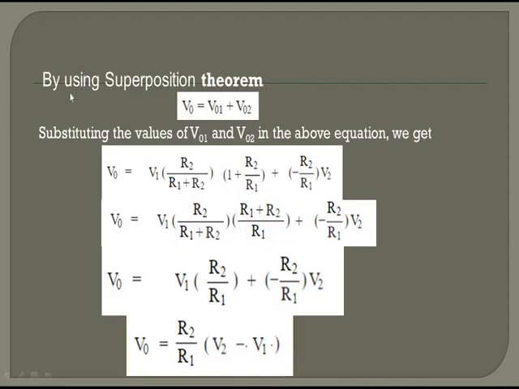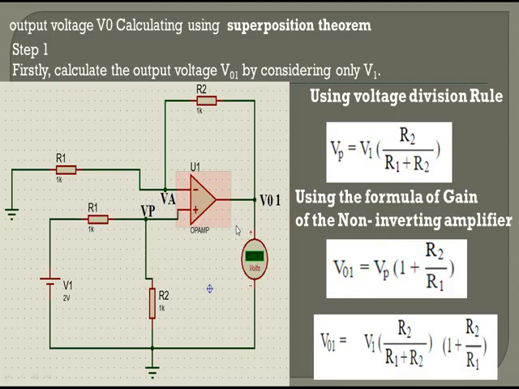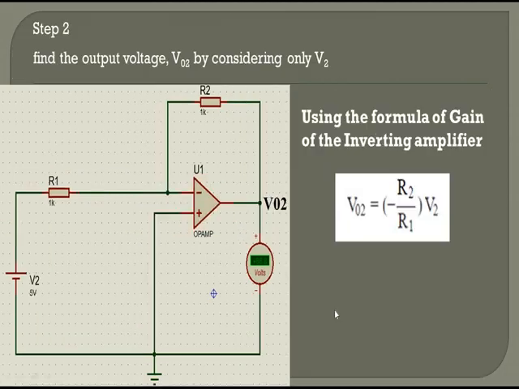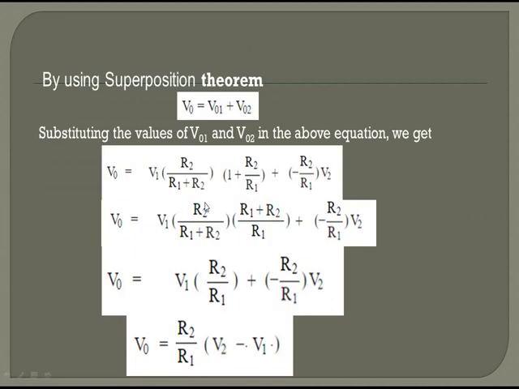So the superposition theorem states that the output voltage is equal to the output voltage VO1 by considering only V1, plus the output voltage VO2 by considering only V2. The output voltage is nothing but the sum of these voltages, because we calculated them separately and now merge them.